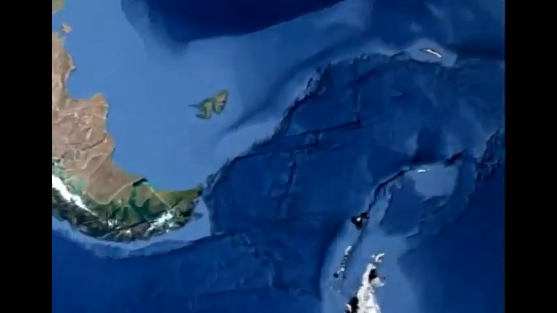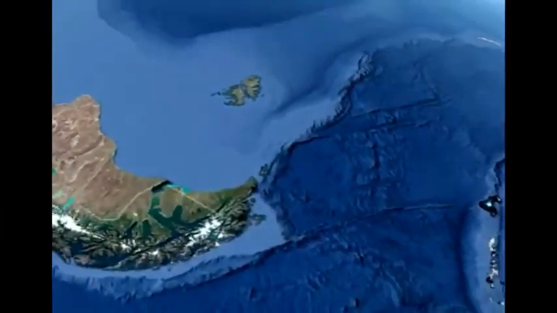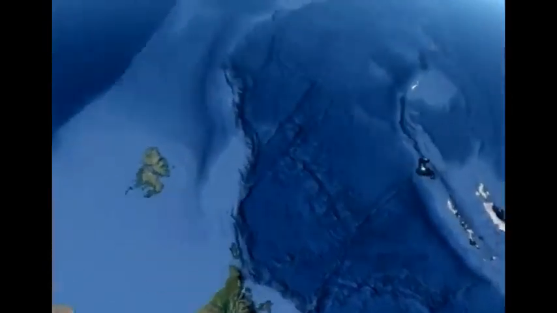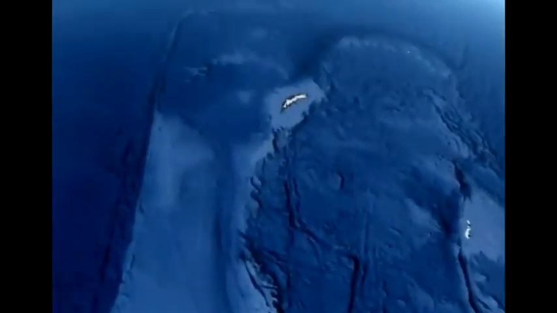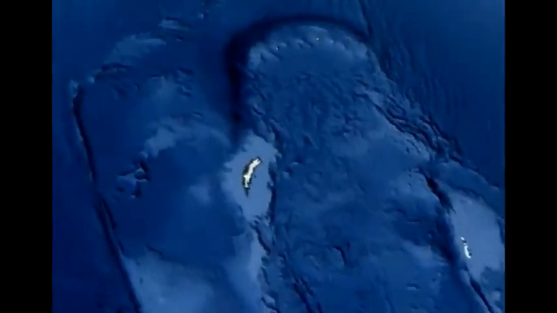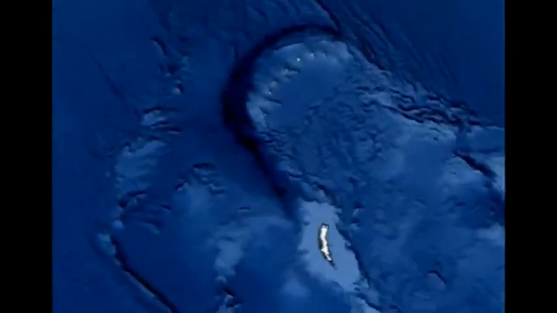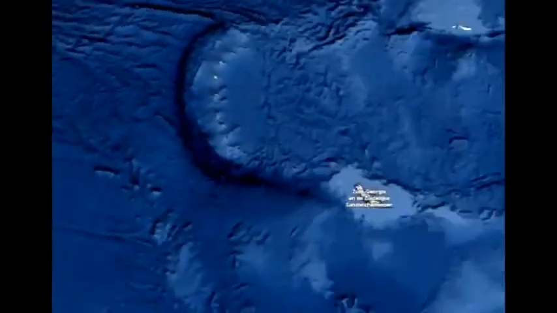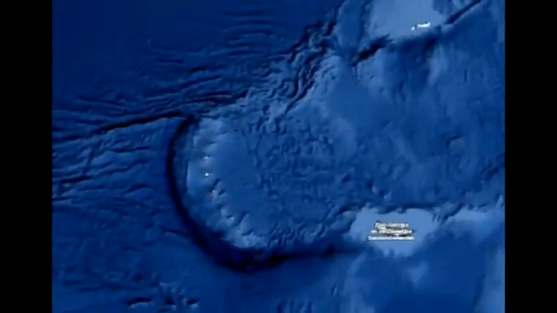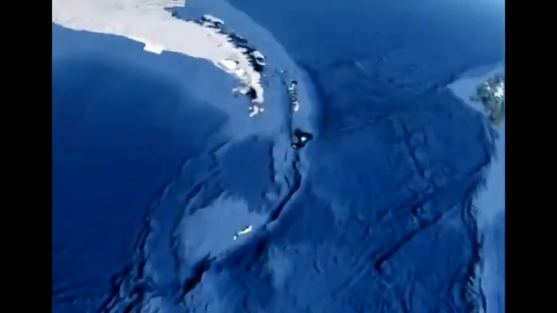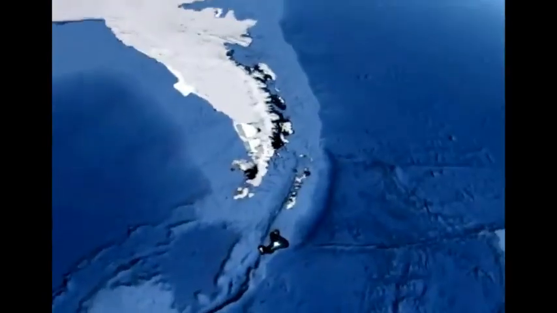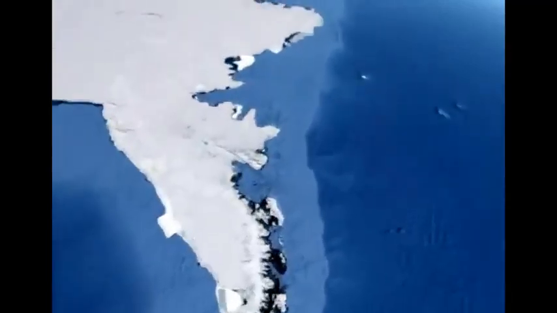Let's follow this road. On the left you see the Falkland Islands. Follow the road, there it makes a curvature and the islands are like bricks in the road, and the last island is called Thule. Keep following the road. One of the islands is called Deception Island.